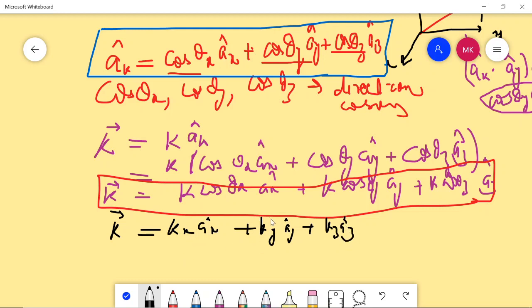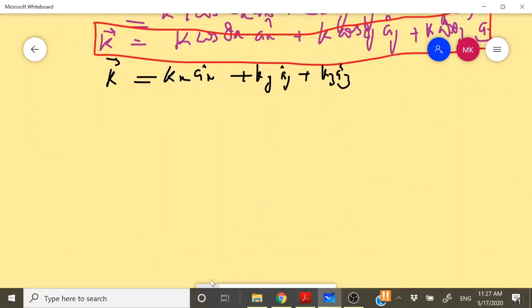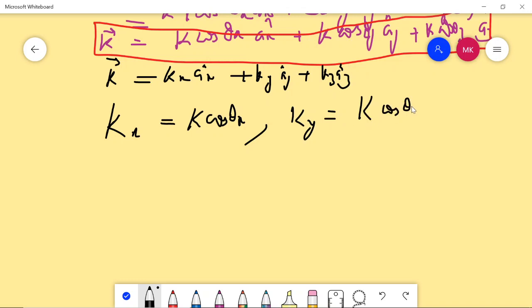So from comparing these two equations, what do you see? kx equals k cos theta x, ky equals k cos theta y, and kz equals k cos theta z.